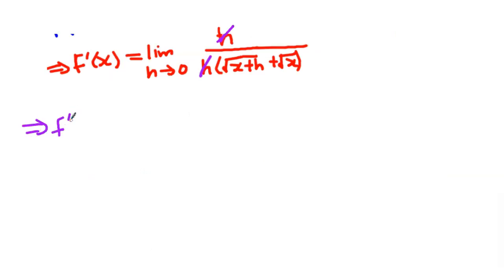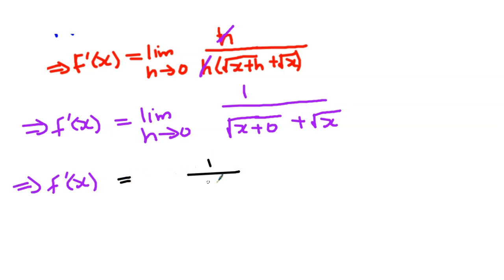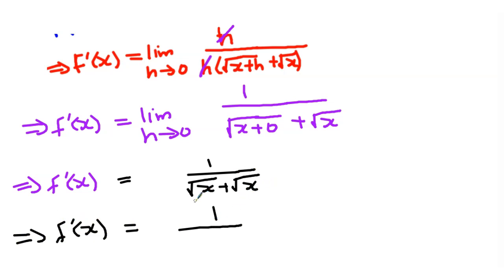So here we have 1, and then root x plus h with h tending to 0, plus root x. The derivative of f of x is equal to 1 over root x plus root x, which is equal to 1 over 2 root x as the final answer.